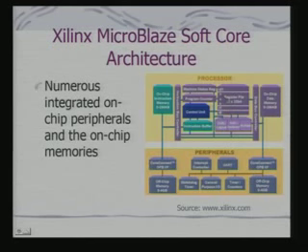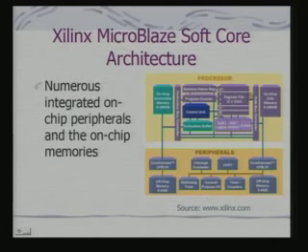This part is your actual architecture: the control unit, instruction buffer, program counter, machine status registers, register file, and a variety of peripherals which are available, and you can configure the whole system as a soft core and then implement it for your embedded systems.